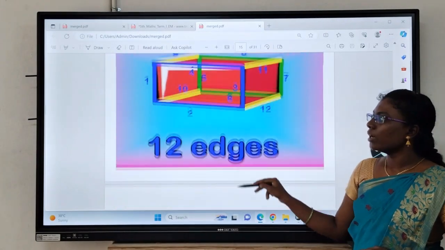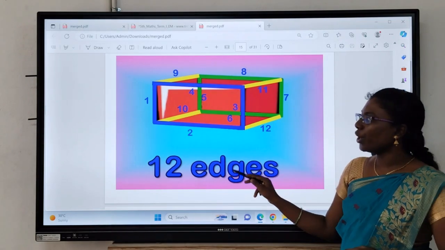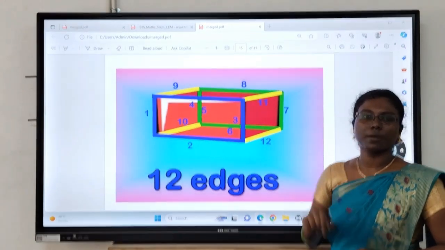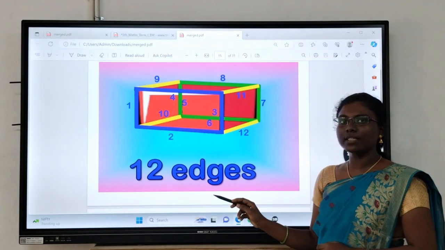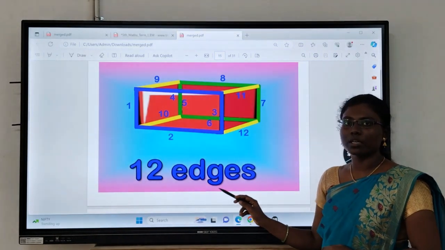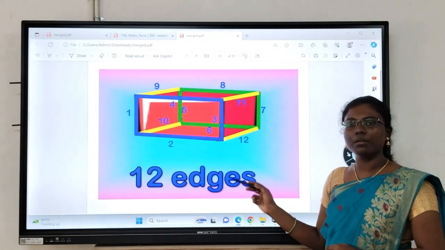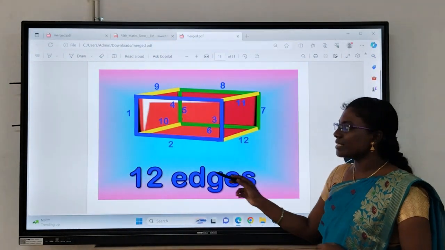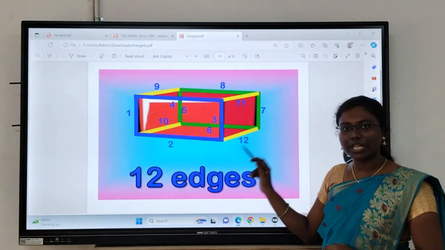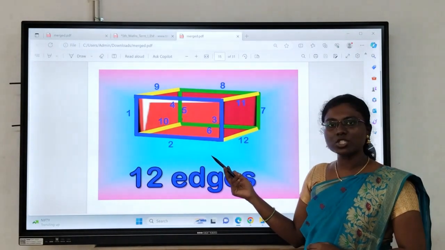Next we have 12 edges. What are 12 edges? We are going to see the edges of a cuboid. What is edges? What does the word mean by edges? Which is sides of a shape. How many sides are there?